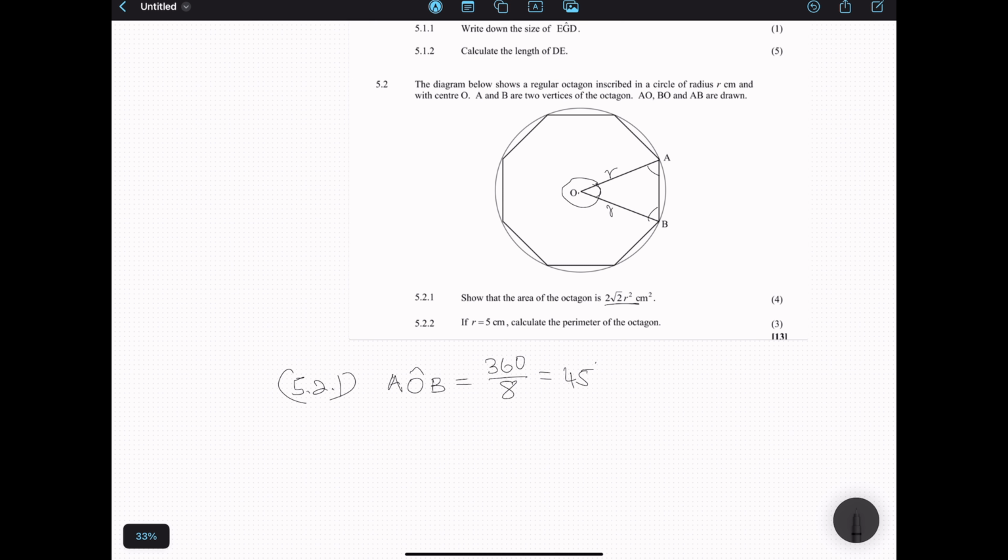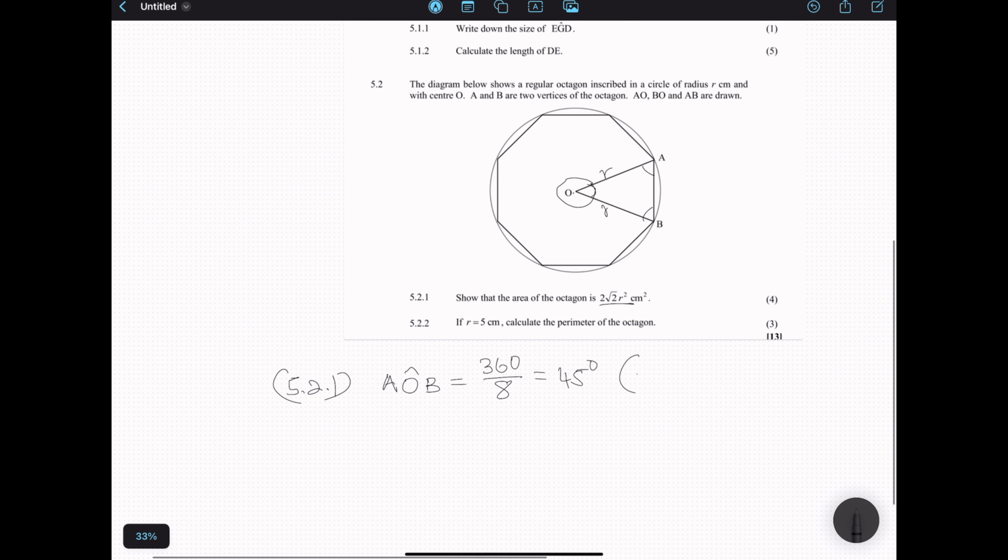I'm going to explain this. The reason is angles around a point add up to 360. We divide by 8 because we have 8 triangles here.